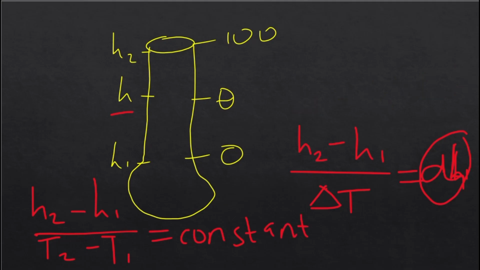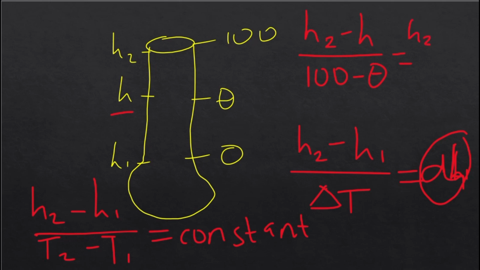Now that we know that this particular proposition is correct, let's explore the following relationship. From H2 to H, there is a change in height, and the change in temperature that corresponds with that is this.